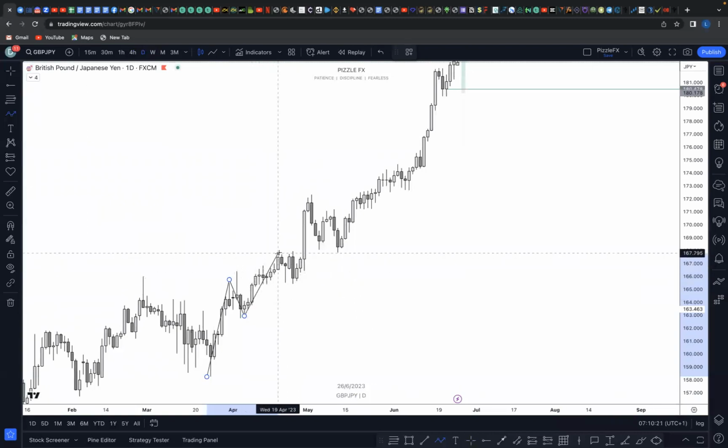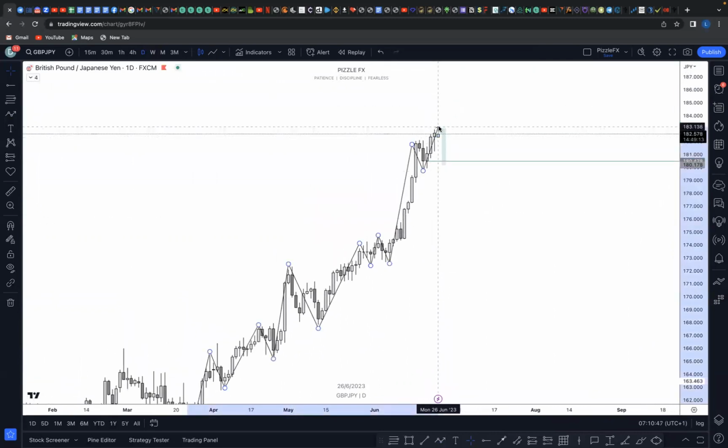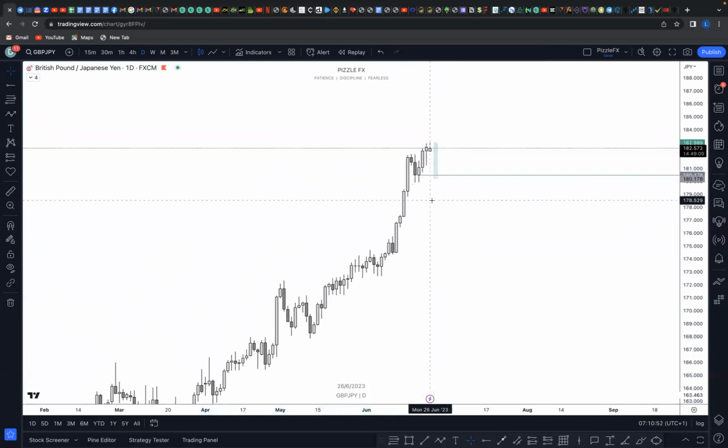Tiny pullback, we moved up. Pullback, we moved up. Pullback, we moved up. And pullback. Then this is our last impulse leg on GBP JPY. Immediately having our last impulse leg.